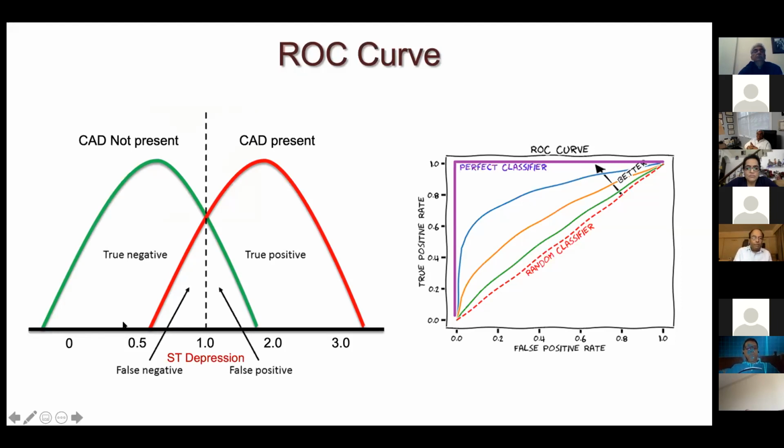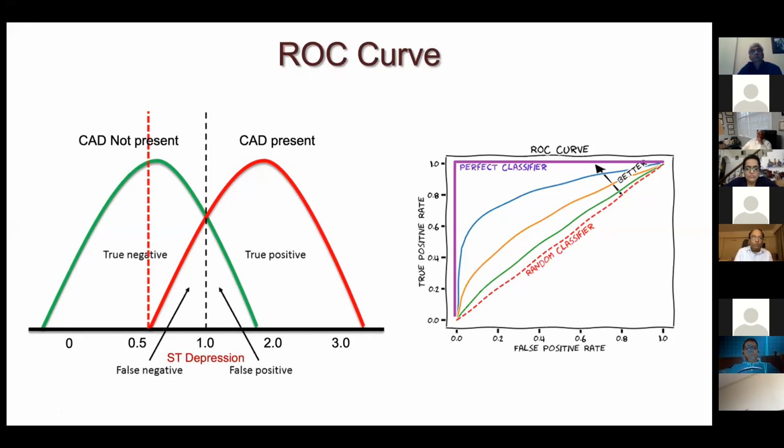ST segment depression can be 0.5, 0.6, 0.7, 1, 1.1, 1.2; it can be anywhere, but we have to draw a threshold. Typically we have drawn a threshold of 1 millimeter in the treadmill test, because that probably gives the best results in terms of false positives and true positives.